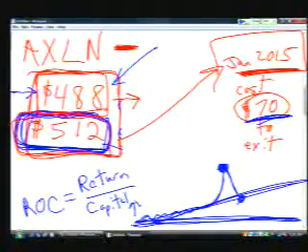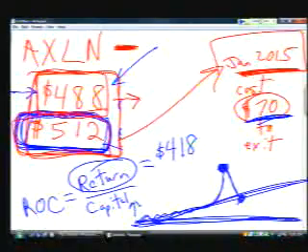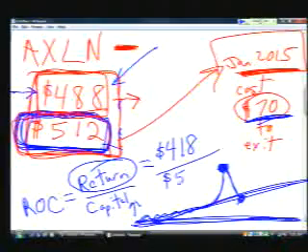So instead of $488 of return, it is going to lower our return, isn't it? It's going to lower our return from $488 to how much, Robert? $418. So it's going to lower our return to $418. But it's going to free up this $512 of capital.